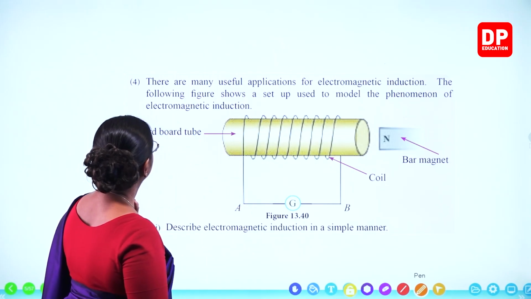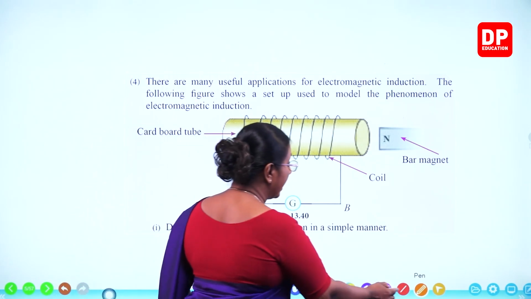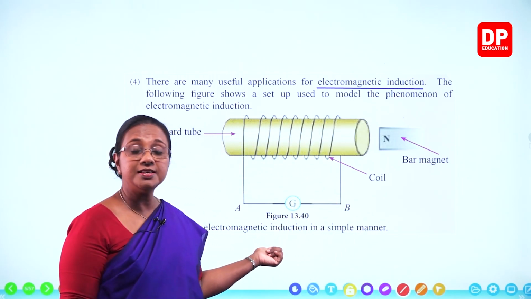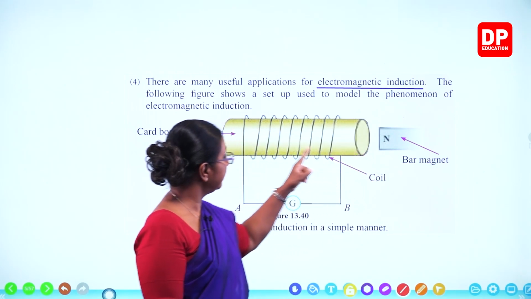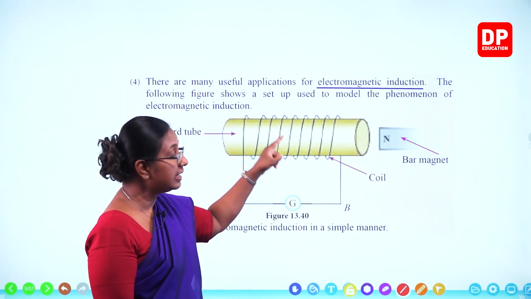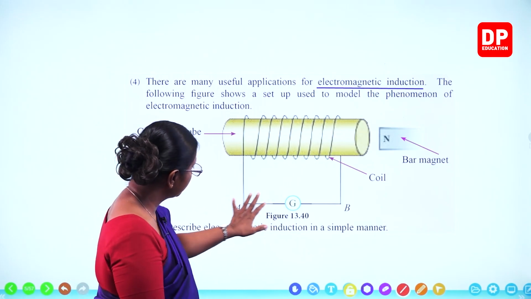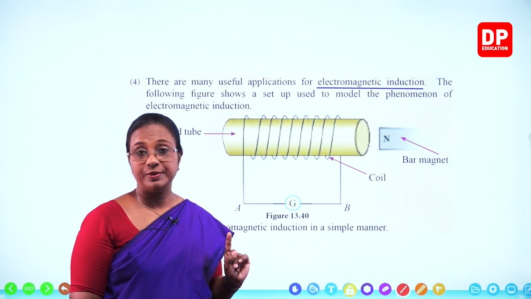So the question: there are many useful applications for electromagnetic induction. So this is electromagnetic induction. You have a magnetic field, you have a conductor, but there is no current source. There is no power source. But you see a deflection in the galvanometer.